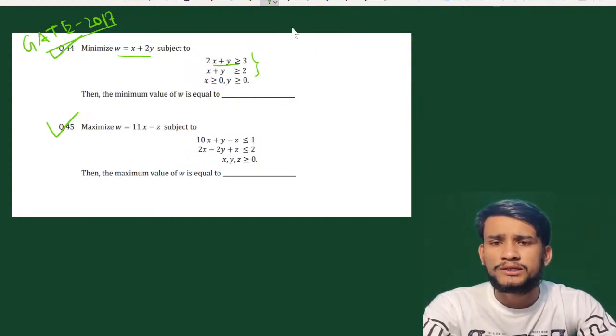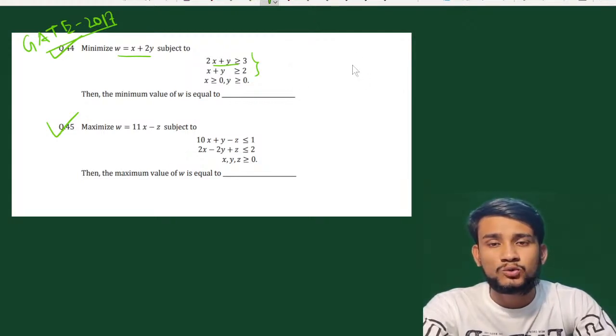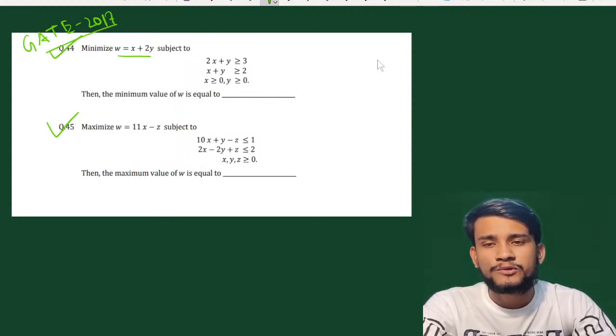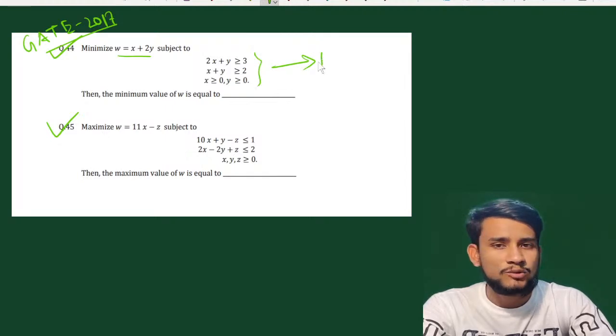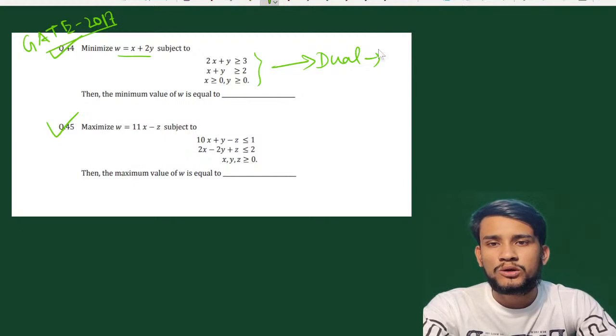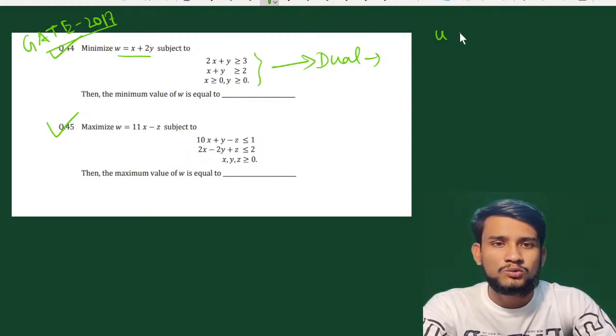We can solve this by taking the dual of this problem, because we know that the objective value of the primal problem and the objective value of the dual problem are the same. I think the dual should be more convenient for this problem. Suppose the dual variables are u and v.